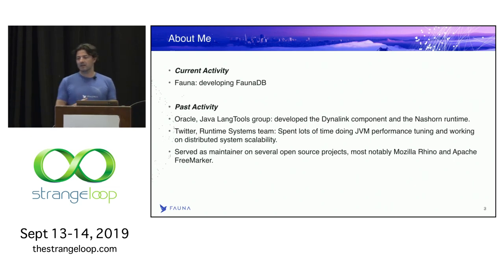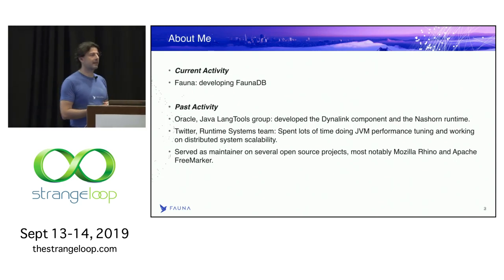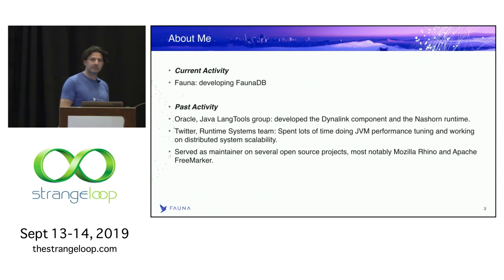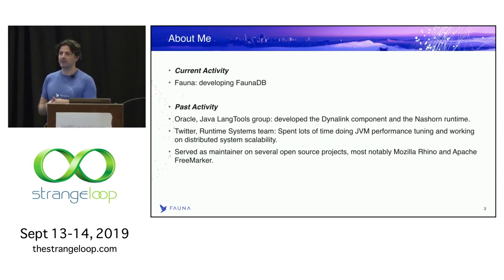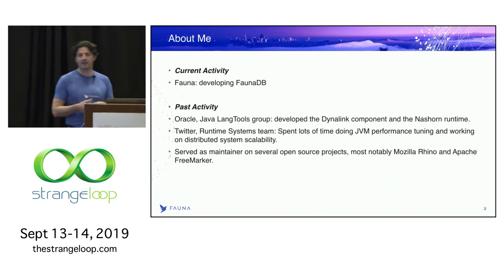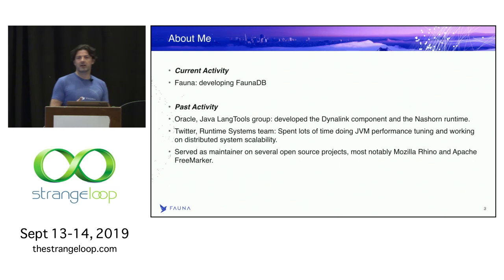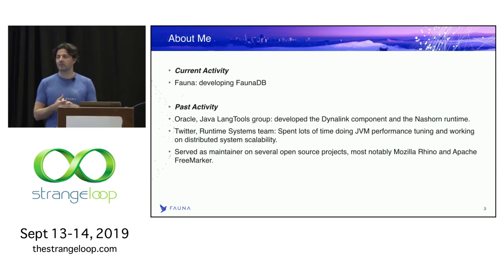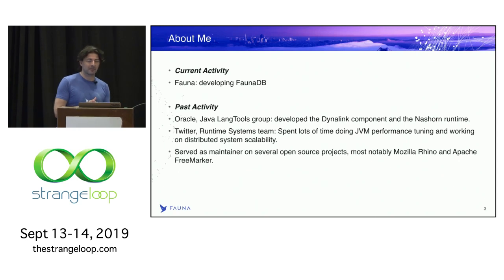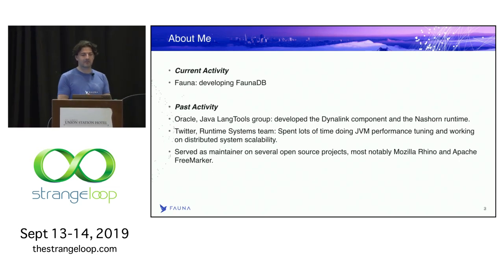Before Fauna, I was at Oracle in the Java Lang Tools group, so I actually worked on the Java platform. I have the JDK Dynalink package in there to my name, which helps you with implementation of dynamic programming languages on the JVM. And I also worked a lot on Nashorn, which is the JavaScript runtime that was shipping with JDK. They decided to deprecate it in the newer releases, probably because most of the team, including me, left. I feel a little bit bad about it, but you know, life goes on.